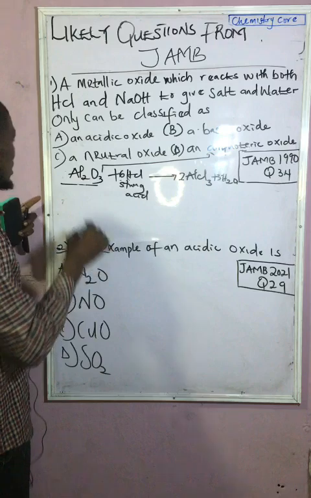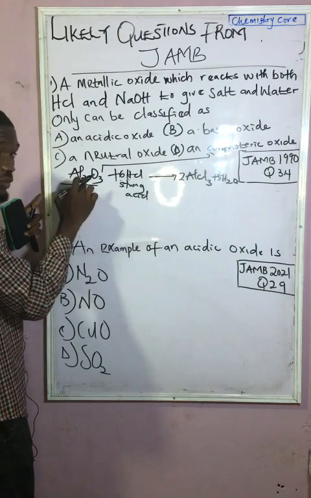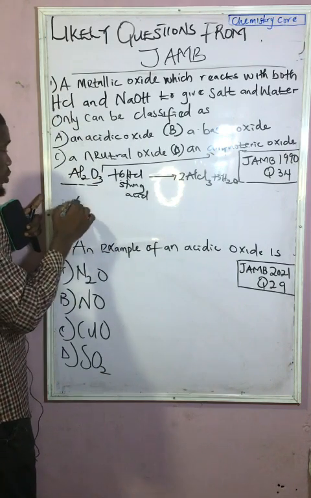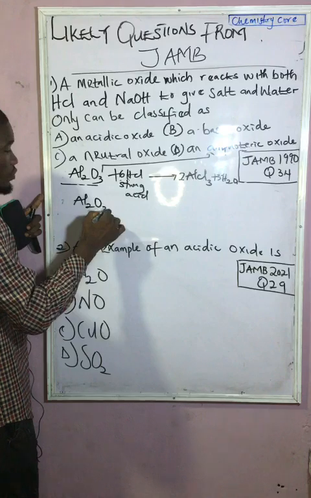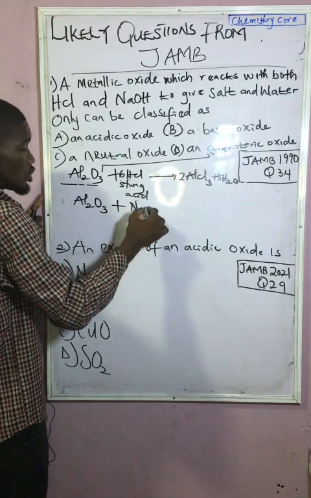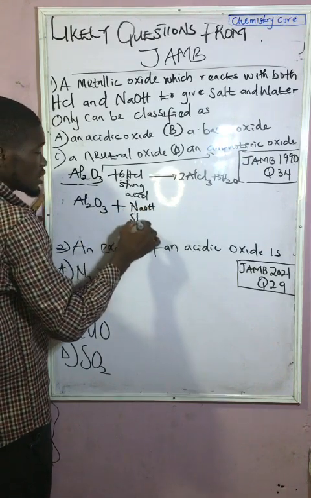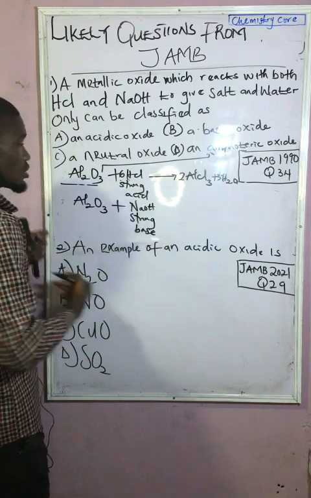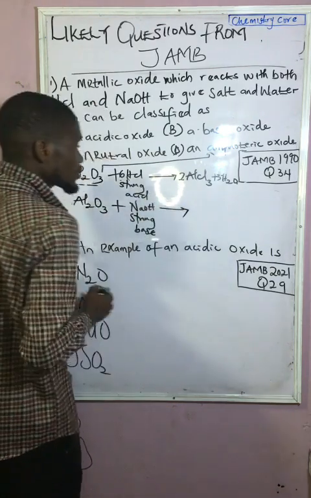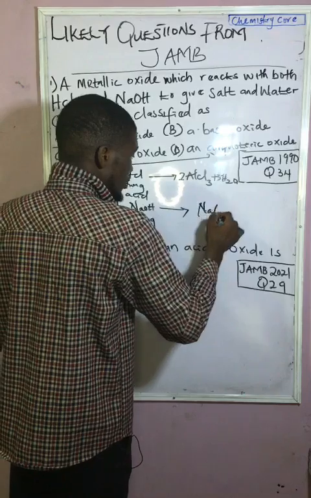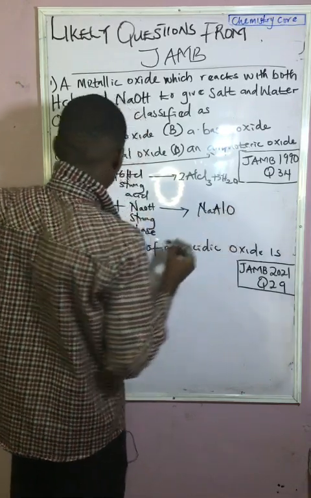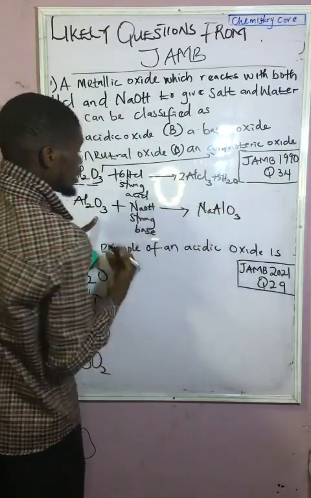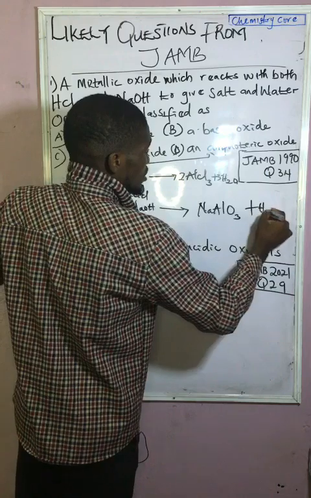So let's take a look at the second one. We are still making use of this aluminium oxide. So we have this plus sodium hydroxide. This is a what? A strong base. So now we have, so our oxygen is how many? 3, plus water.